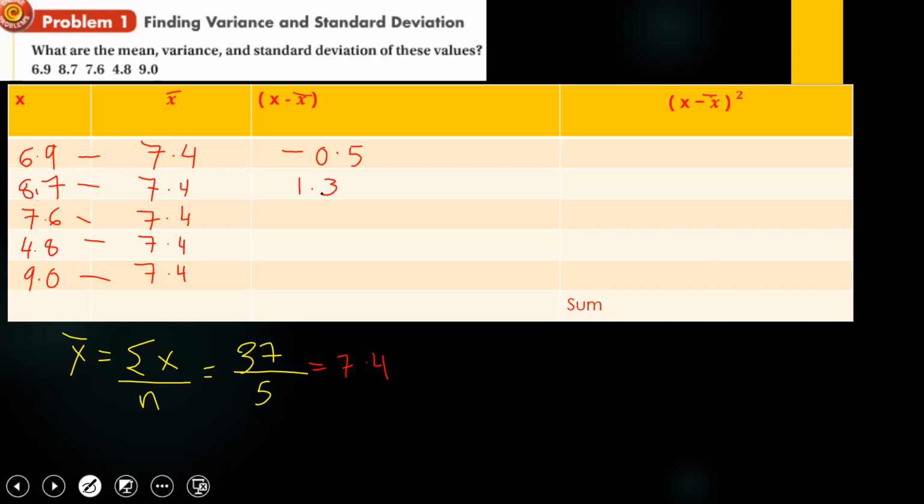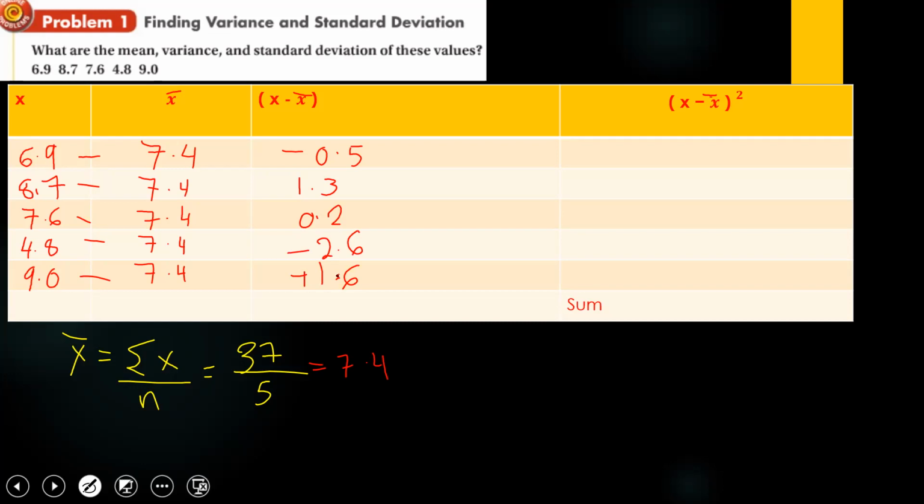Then 7.6 minus 7.4 is 0.2. 4.8 minus 7.4 is negative 2.6. And 9 minus 7.4 is positive 1.6. So this is the first step: you have to find the difference between each value and the mean.